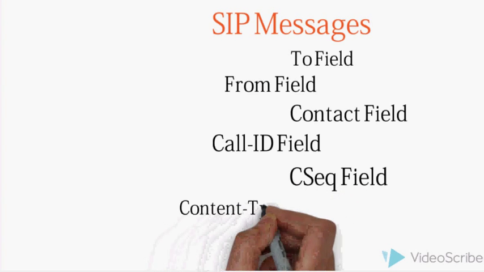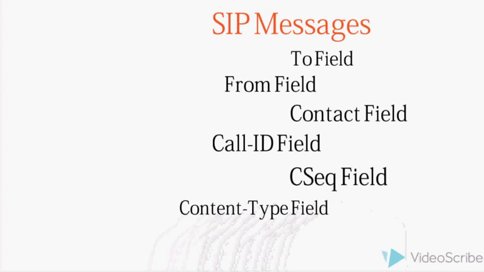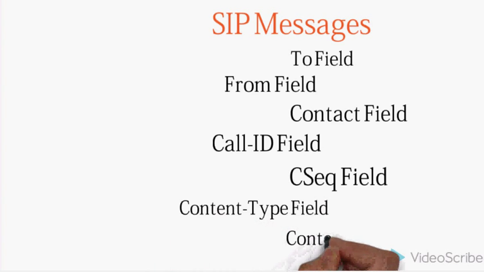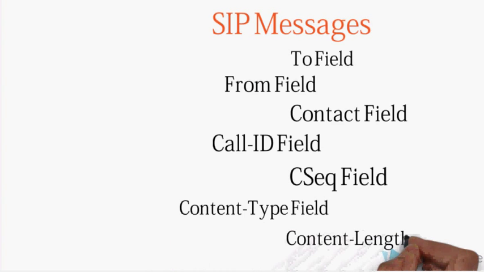Content type field: the MIME, or multipurpose internet mail extension, type for the payload, such as application/SDP, just as an example. We have content length. The content length field includes the size of the payload in the packet.